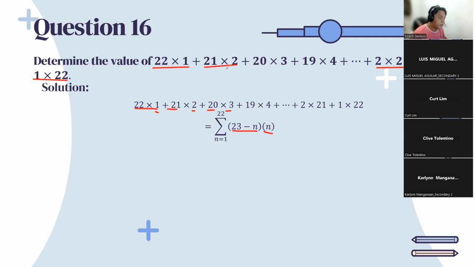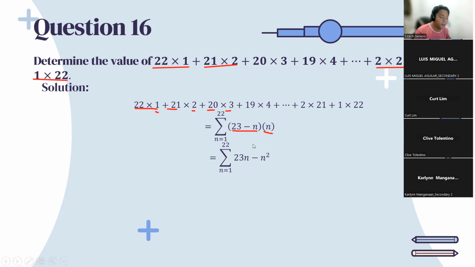Or what you can do, like what I said earlier, is stop at 12 and 11, and then just multiply by 2. So you can have 2, and then stop at 11. You can do that one, but this is easier. Okay, simplify. You'll get the summation of 23n minus n squared from n equal to 1 to 22, and then you separate the summation.